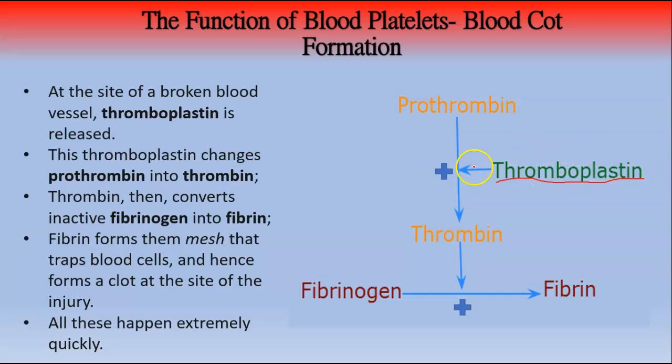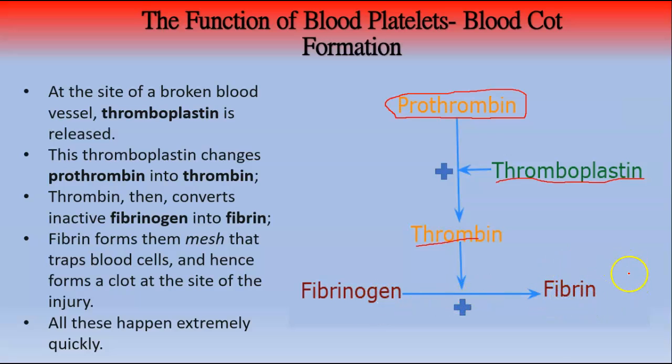Now, this thromboplastin is an enzyme that converts a precursor molecule, prothrombin, which is inactive, into thrombin. So thromboplastin converts prothrombin into thrombin, and this thrombin in turn converts inactive fibrinogen into fibrin.